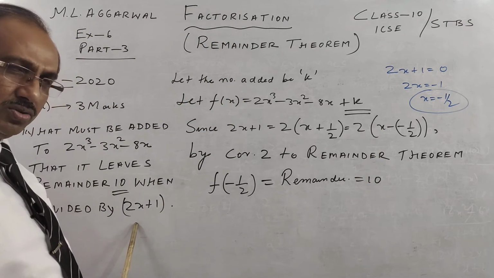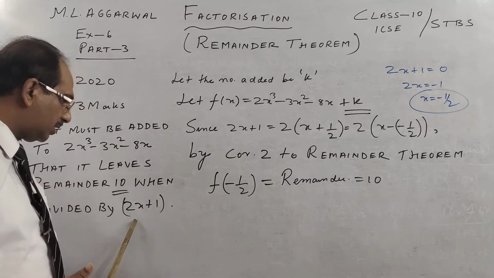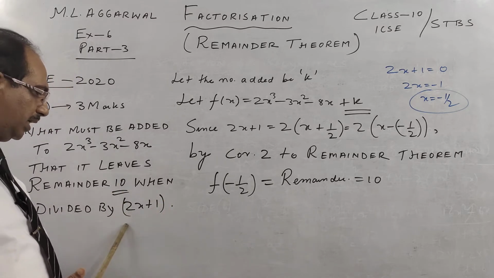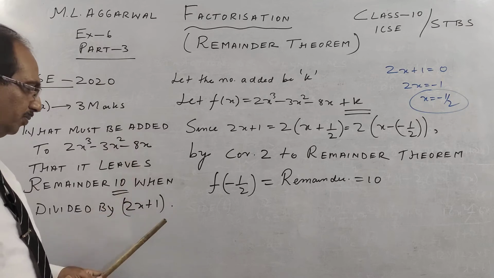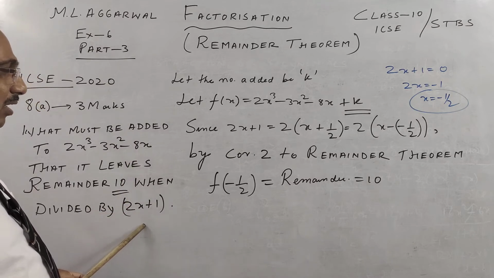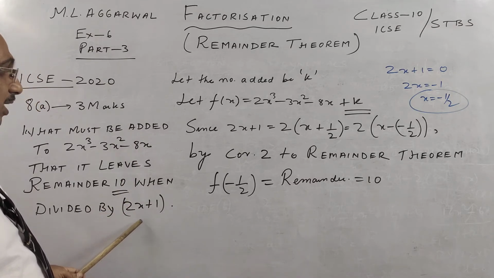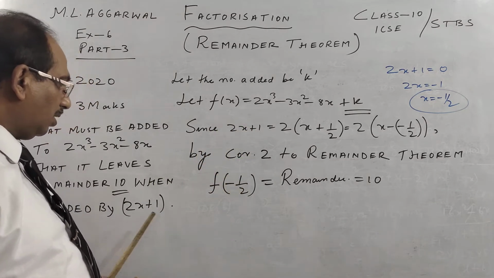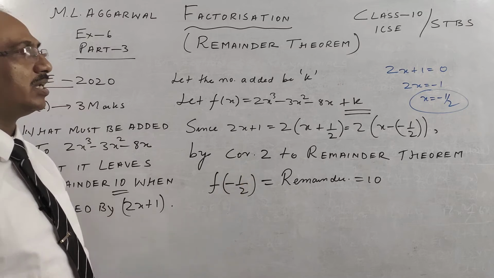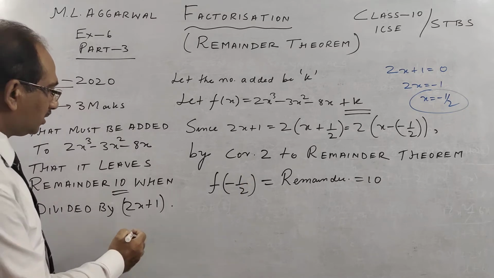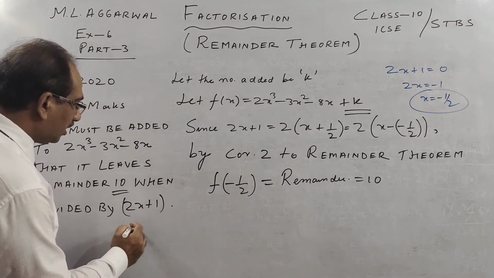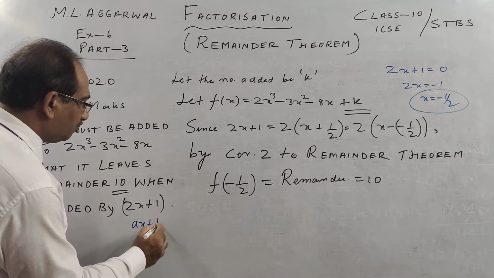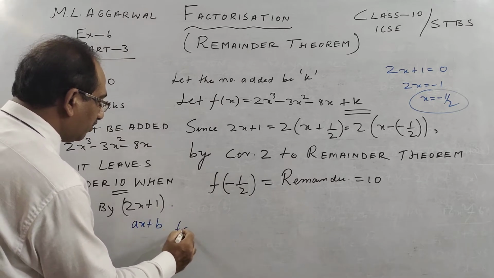So when you see in books theory, ax plus b, you divide a polynomial, the remainder you get when in place of x variable you put, like here in this case, minus half. In that case you will see, if it is ax plus b, you will get the remainder.